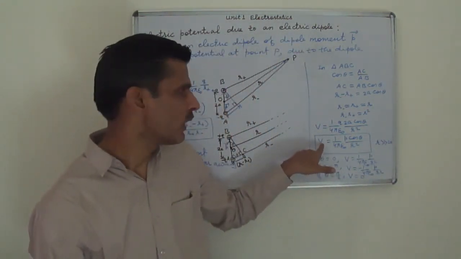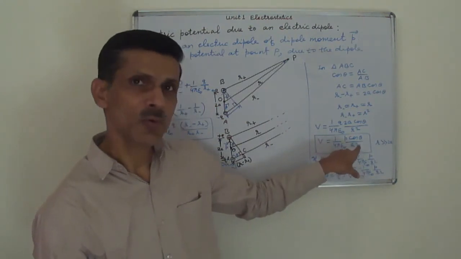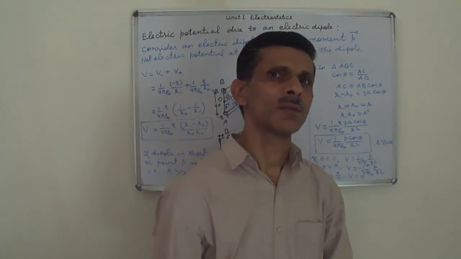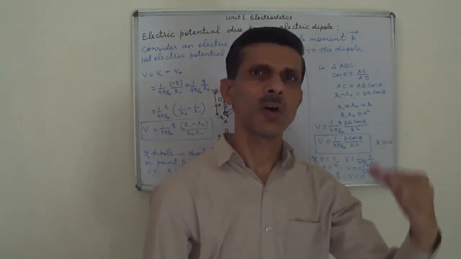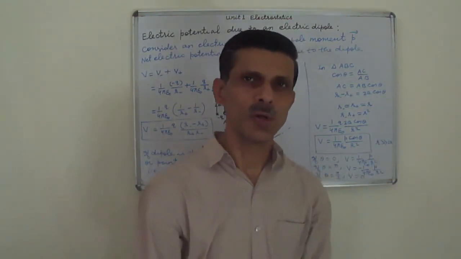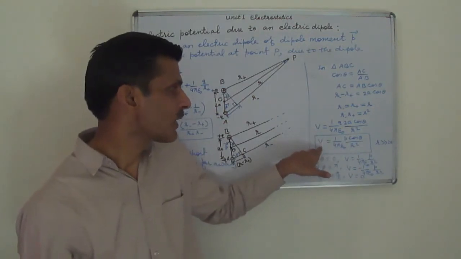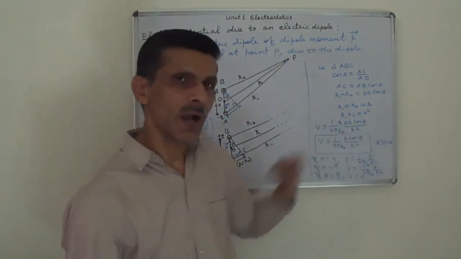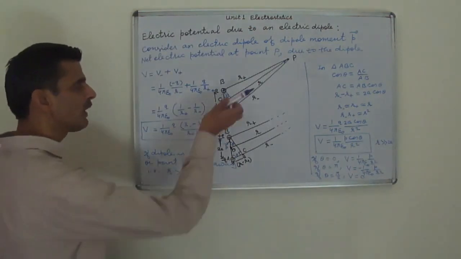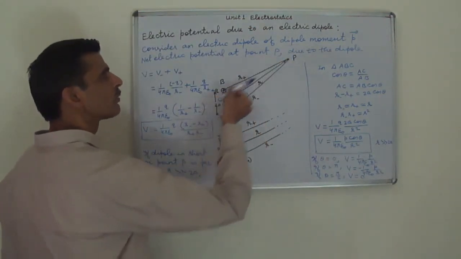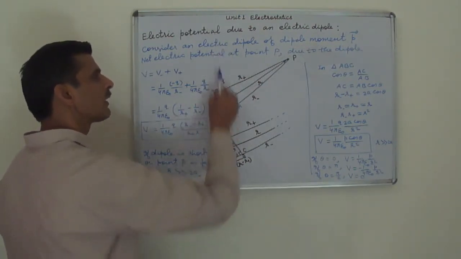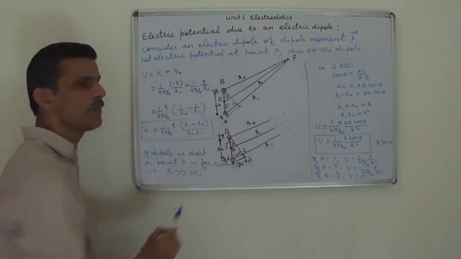Here, in case of dipole, potential is inversely proportional to the square of the distance of the point from the midpoint of the dipole. Moreover, you can see potential also depends on theta, angle between position vector of the point and dipole moment vector of the dipole.